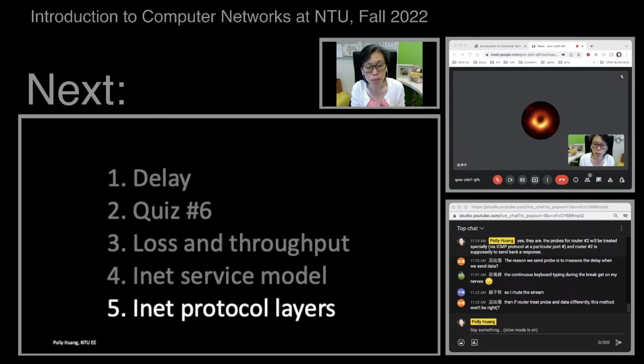The point is probably that if we are sending data, and the data are being passed by one of the routers in the middle, but the probes will be treated specially, how do you know the delay or the reachability of the data are identical to how the probes are responding? Yes, you're right. That's why you asked the question in the first place, right? If you get 3 asterisks, that means, hey, that router, something is wrong. It can be that the router is dead, but usually not.